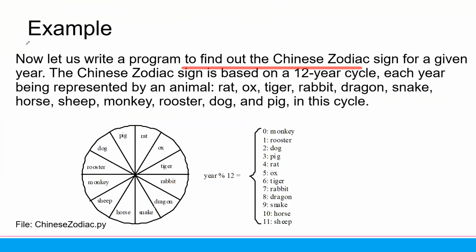So if I input a particular year, a given year, we will know what is the type of the zodiac by the animal. So if the year is divided by 12 and the remainder is 0, then it is monkey. If the year divided by 12 equals 1, it is rooster, and so on.